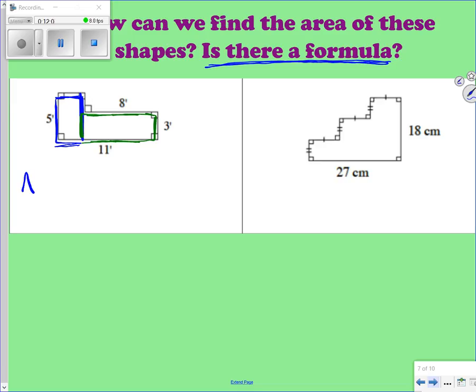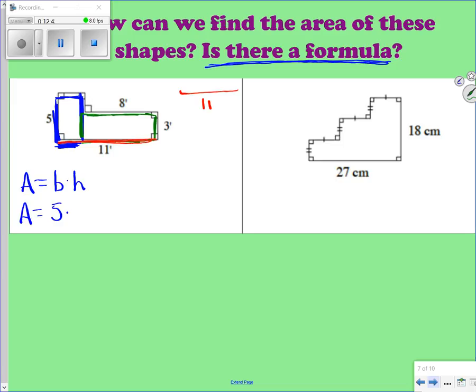So for the first shape, area of a rectangle is base times height. I know that this side here is 5 because it tells me that. My question is, how long is this bottom blue arc? Let's think about what we know. If I were to trace the whole line here, it would be 11, right? The red line is 11.